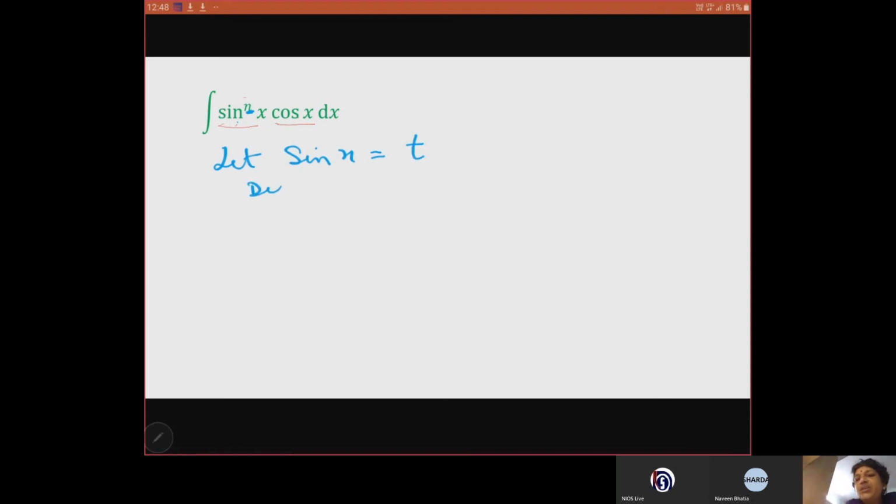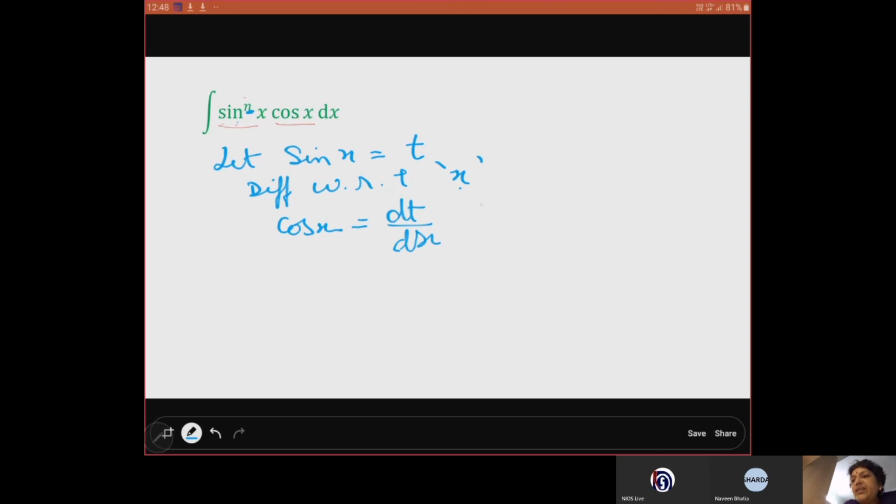Differentiating both sides with respect to x, we get cos x is equal to derivative of t with respect to x, we write it as dt by dx. This I can rewrite as cos x into dx is equal to dt.